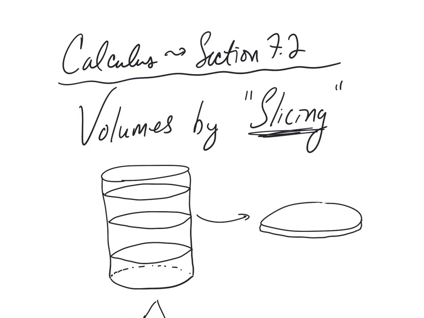And so we're going to think about finding the volume of one of these little cylinders. The volume of any cylinder is going to be the area of the top, so pi times radius squared, where r is the radius of the circular top, multiplied by how tall it is.